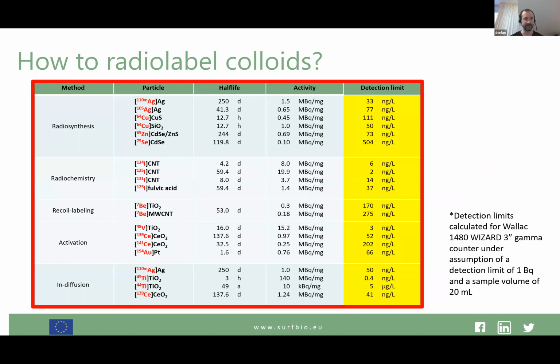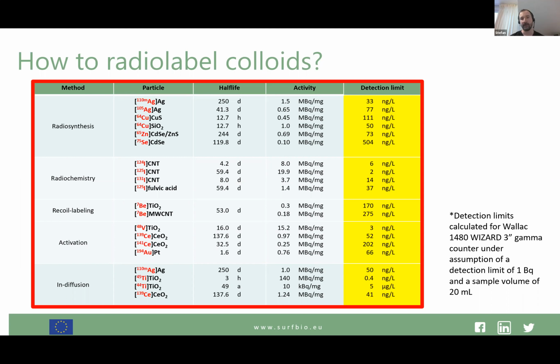So just to give you a short overview, what we have done so far, established at our place for these different methods. So here you can see we have basically managed to radio label most of the common nanoparticles that are under discussion for environmental impacts and so on, or in applications.